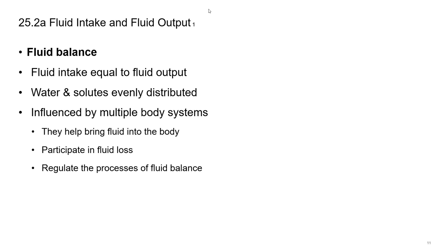So to maintain this fluid balance, and again, you can think about why fluid balance is important, think about various other systems that you've learned about. Think about the role of fluid in the cardiovascular system, in the context of blood pressure, with hypertension and hypotension.